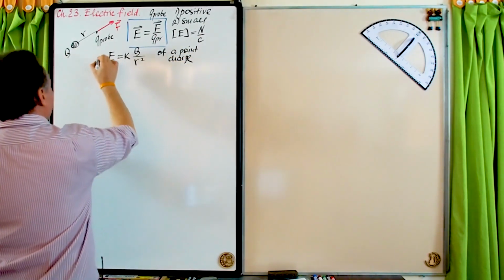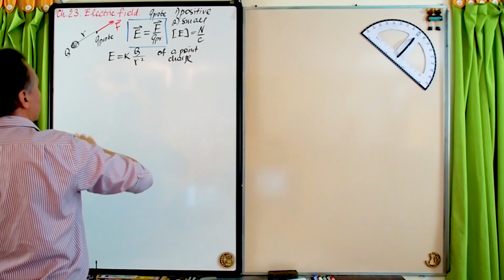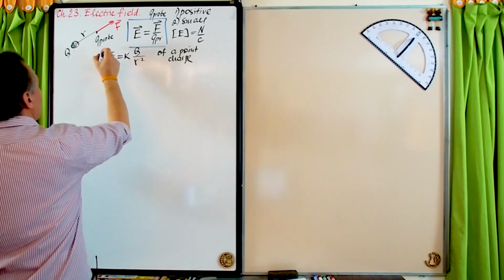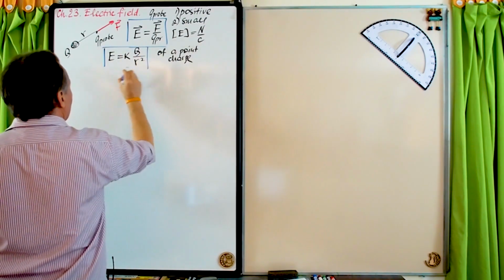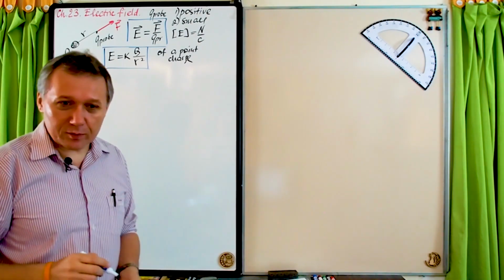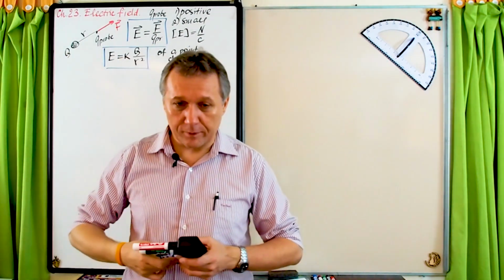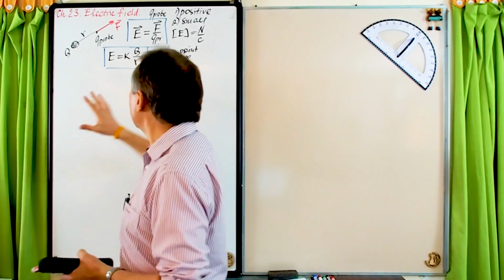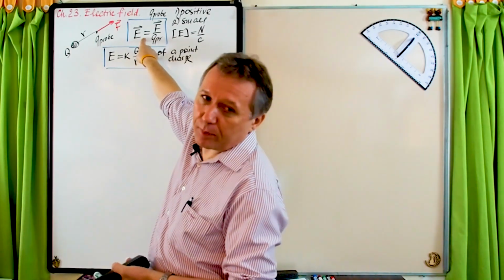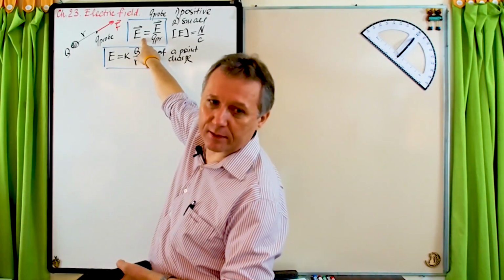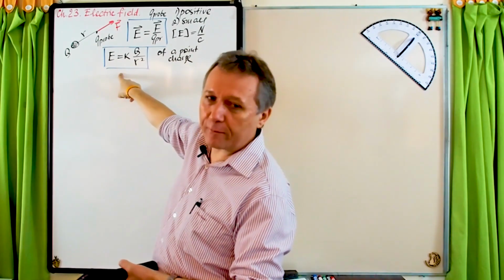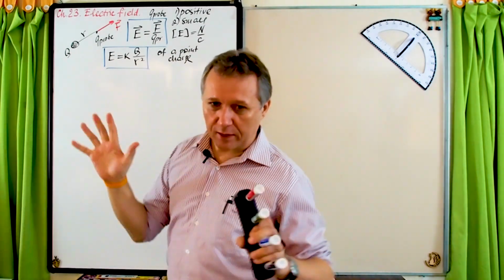Okay, so let's frame it, because it's a formula which we are going to use from time to time, or even more often than that. We will use it often. Again, this is the general definition. You can apply it to find the electric field of any system. This formula is only for a point charge, so we have to make that clear.